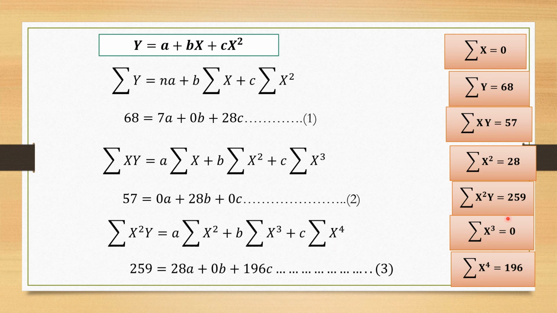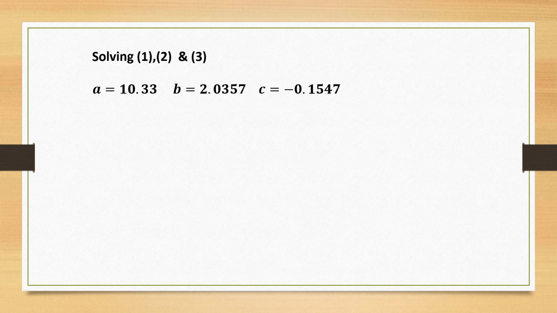So we have these summations: 259, summation x square is 28, x cube is 0 and x raised to 4 is 196. Solving equations 1, 2 and 3 to get the values of A, B and C. So we get the values of A, B, C as 10.33, 2.0357 and C is equal to minus 0.1547.